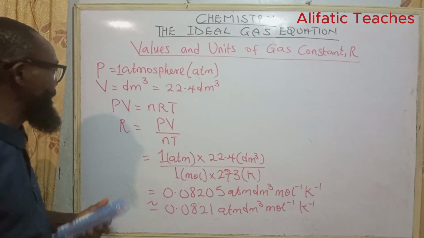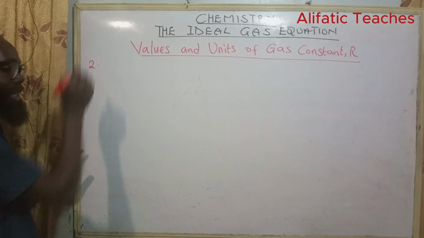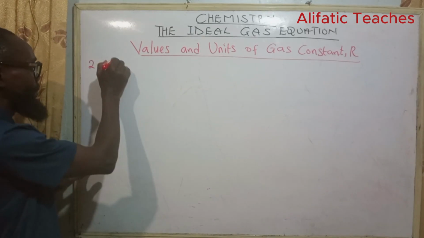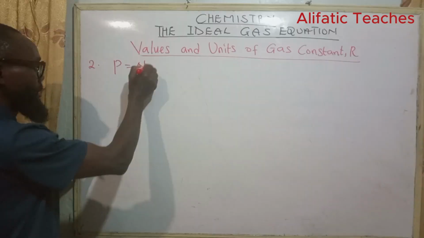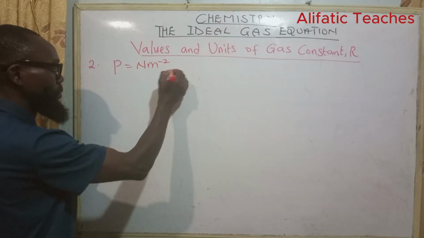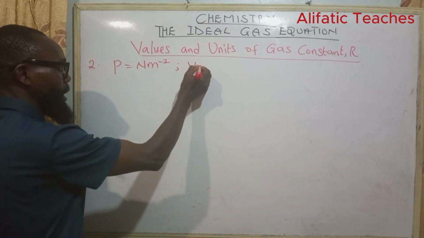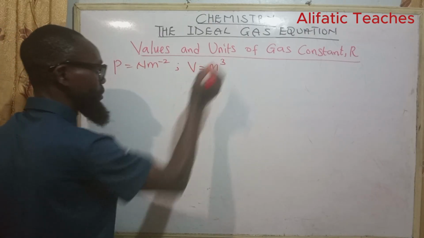Let us now look at the second case. For the second case, this is when our pressure is in Newton per meter square. Then our volume will be in meter cube.